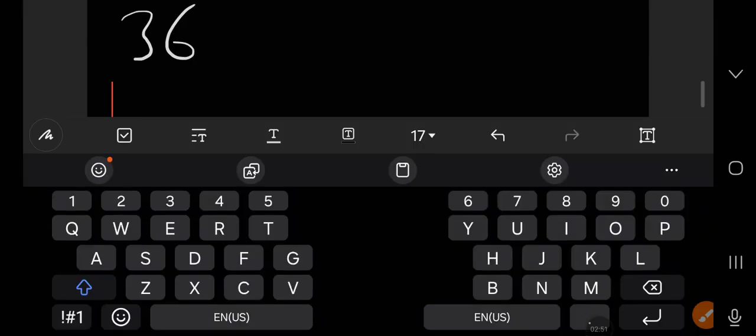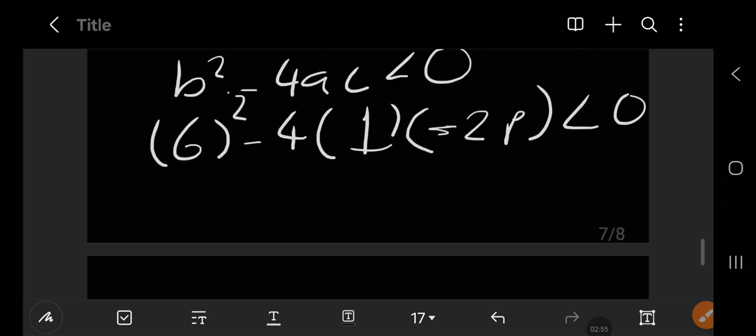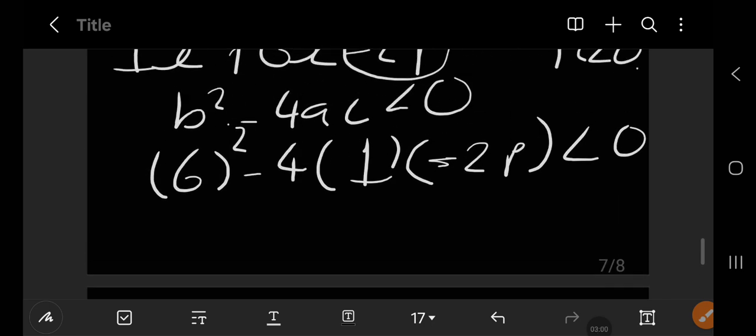We know that 6 squared is 36, right? And then we have negative 4 times 1 times negative 2p.